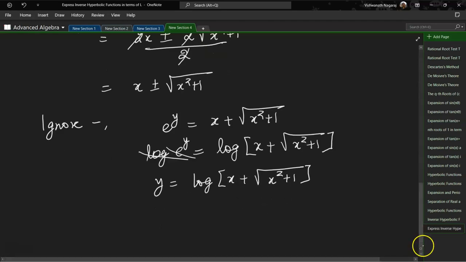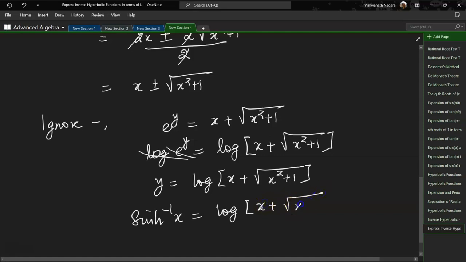But what is y? Y is nothing but hyperbolic sine inverse of x is equal to log of x plus square root of x square plus 1. So we have written hyperbolic sine inverse of x in terms of logarithm of x.